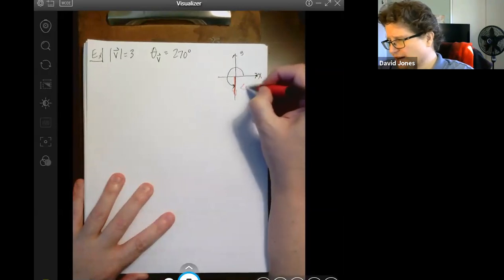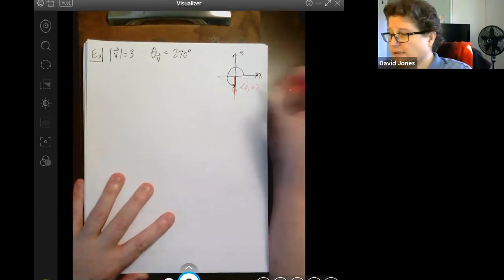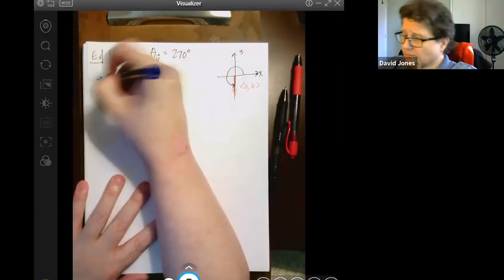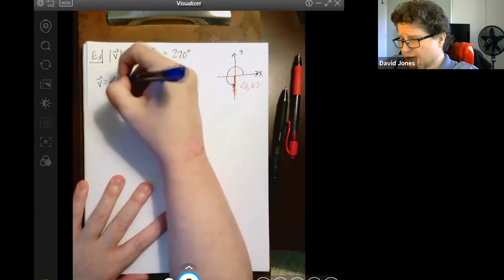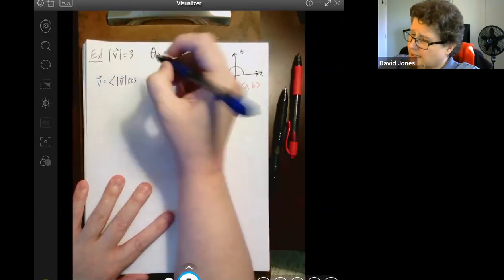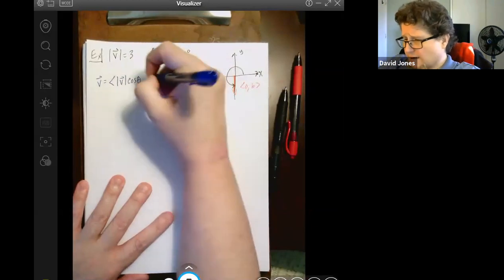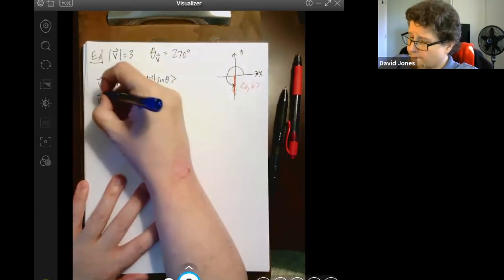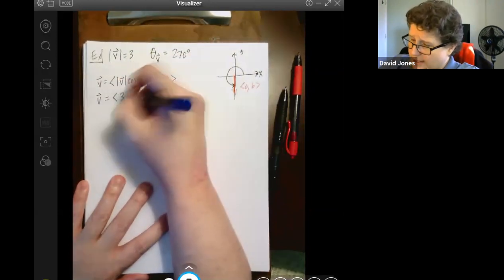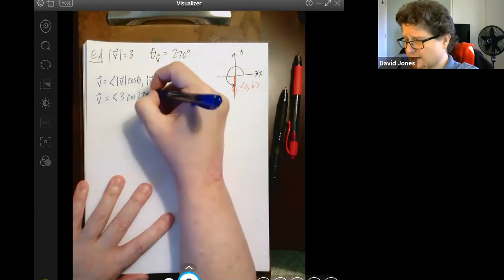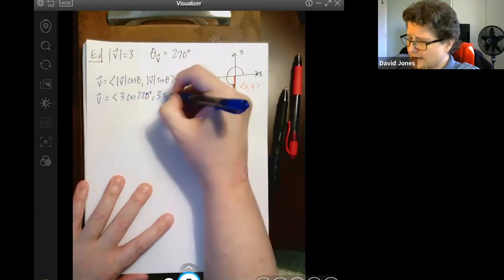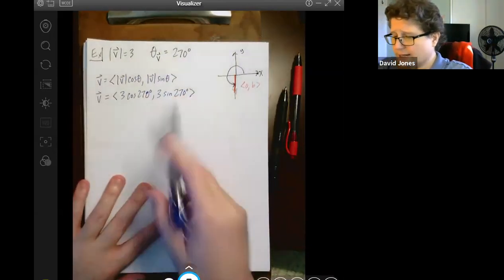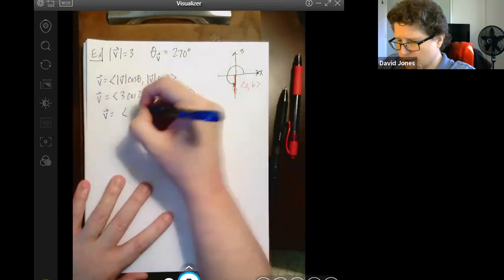We should have an x value of 0 when we're done. Let's give it a try. Magnitude of V cosine of theta, magnitude of V sine of theta. 3 cosine 270, 3 sine of 270 degrees. And this is, of course, 0 and -1. V equals 0, -3.